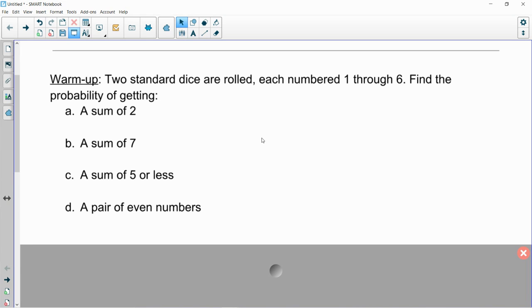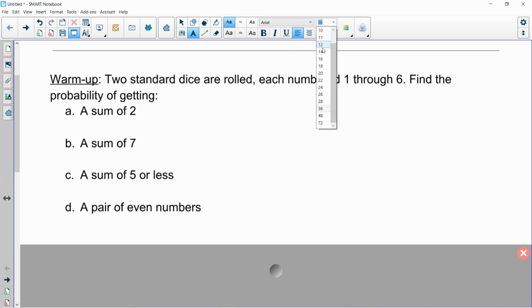So one of the first things that I think, if we're going to take a nice organized approach to this, is ask ourselves, what is the total number of outcomes if we're rolling 2 dice? Let's imagine that we're rolling them one at a time. We roll the first die, we have 6 possible outcomes.